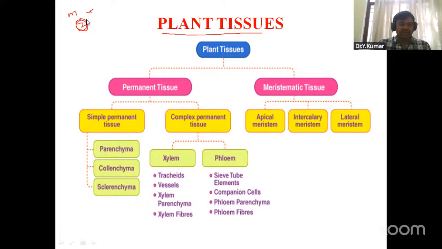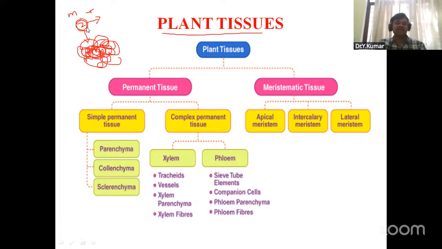This single-celled zygote later divides and subdivides by mitotic divisions and forms a group of cells. This is a group of cells, not a single cell. It is made up of a number of cells. First of all, the single cell is only the zygote, which is formed after the fertilization of male and female gamete.